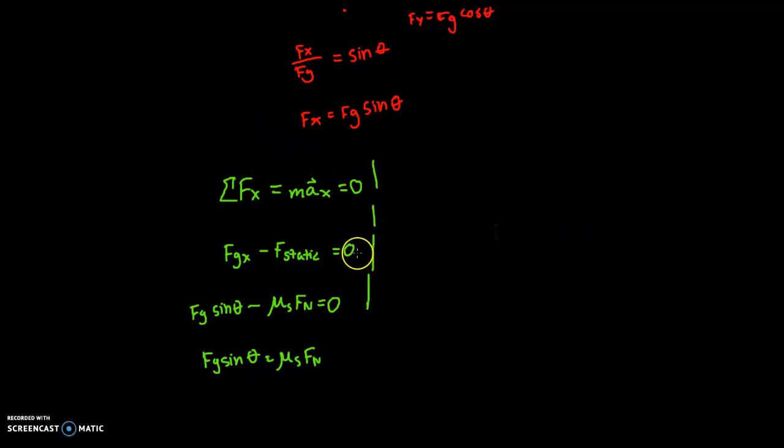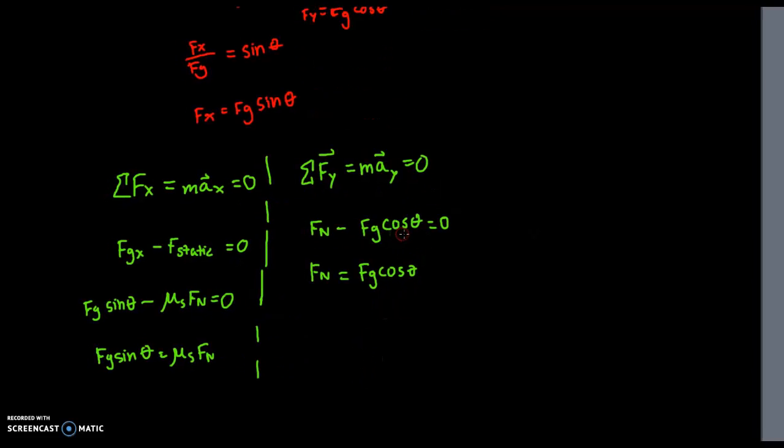Now we're going to do the same for the y direction. We can put these two equations together and substitute the normal force with what we defined it as, force of gravity times cosine theta.